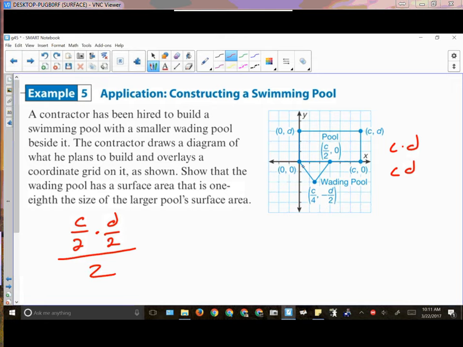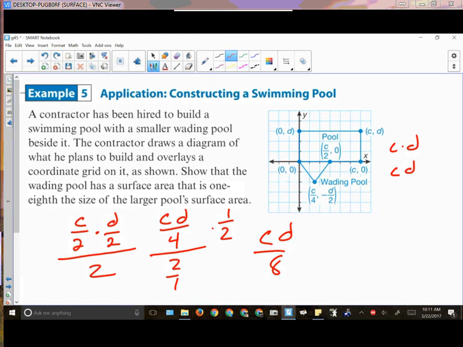Because that's the base, C divided by 2, multiplied by the height of that, correct? So if I multiply this together, what I end up with is CD over 4 divided by 2. 2 over 1 multiplied by the reciprocal, which is 1 over 2. So that means it's CD over 8.